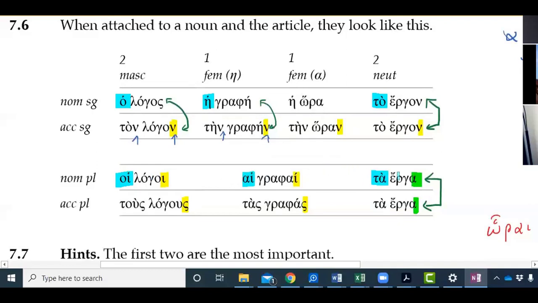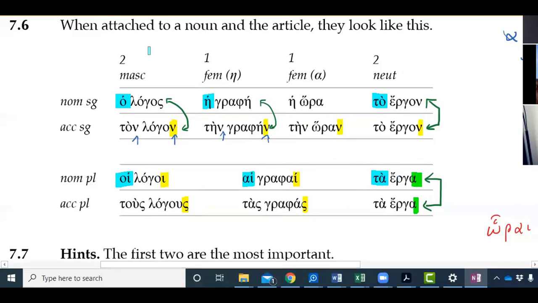You basically had a choice. Either you start with a vowel, and if you do, there's a rough breathing and no accent. Or you start with a tau, and if you do, there's obviously no breathing mark because it's not a vowel, and there is an accent mark. Okay?